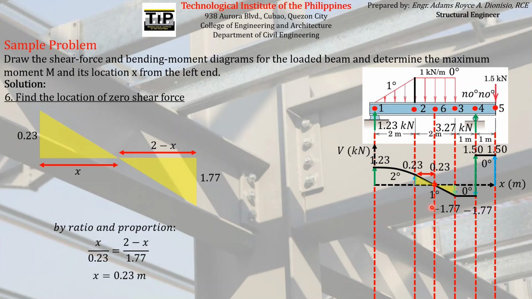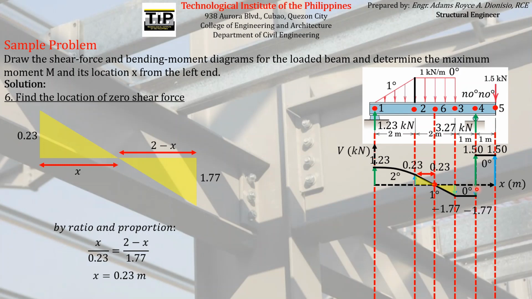So again, locations of zero shear force are actually critical points. Every time you solve for the location of those zero shear force points, you have to add them as a critical point on the graph of your shear and bending moment diagram. There is actually another point here that has a zero shear, which is this.